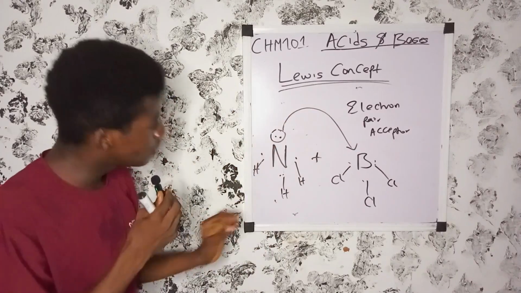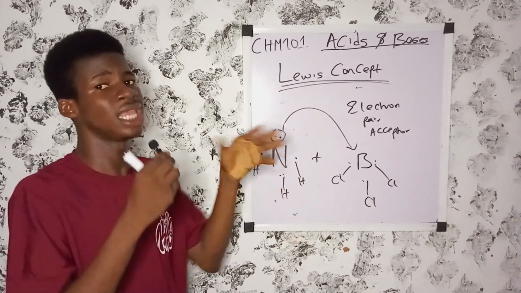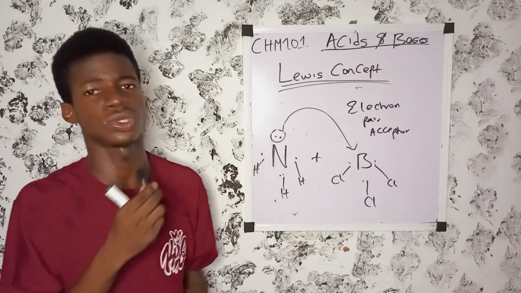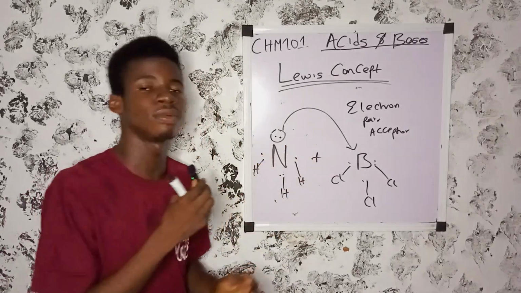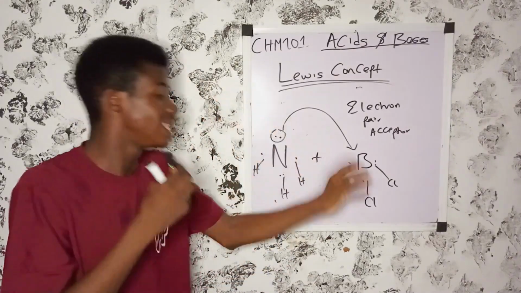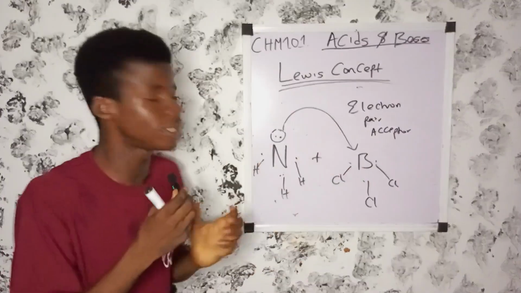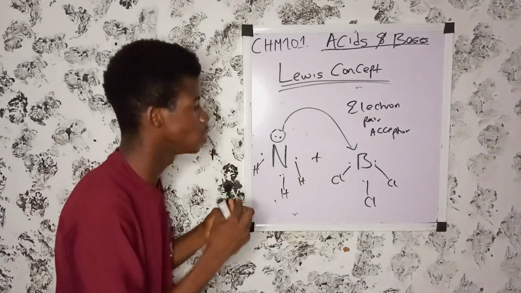In the end, ammonia is a Lewis base because it donates a pair of electrons, while boron trichloride is a Lewis acid because it accepts a pair of electrons.